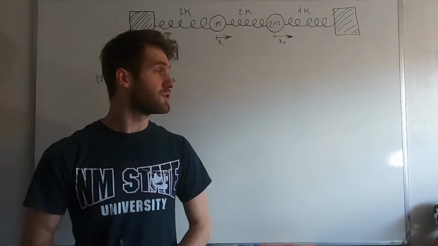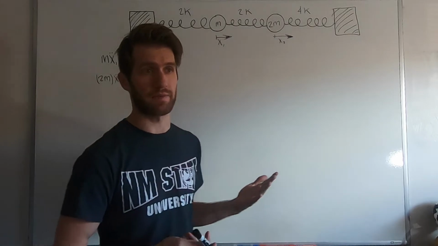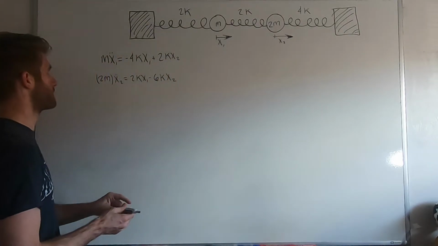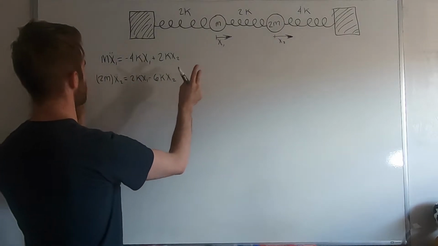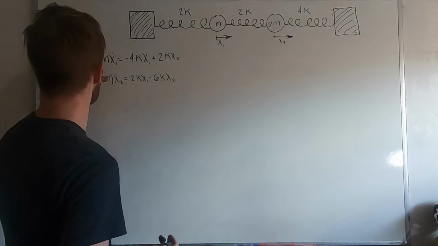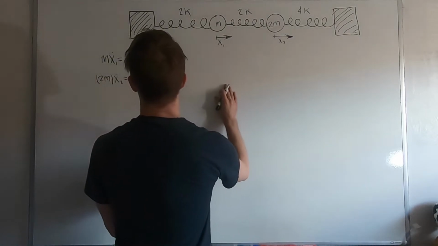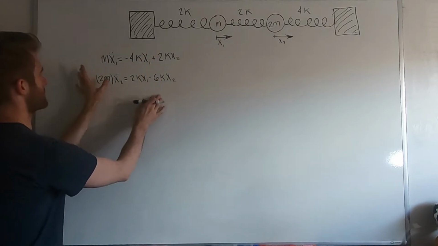All right, so to find the frequencies of oscillation, we have to find the eigenvalues. And the best way to do that is to put this into a matrix form. So let's basically take all this and put it into a matrix. For our left side of the equation, actually, before I even do that, I think it's best to make sure our masses are consistent.